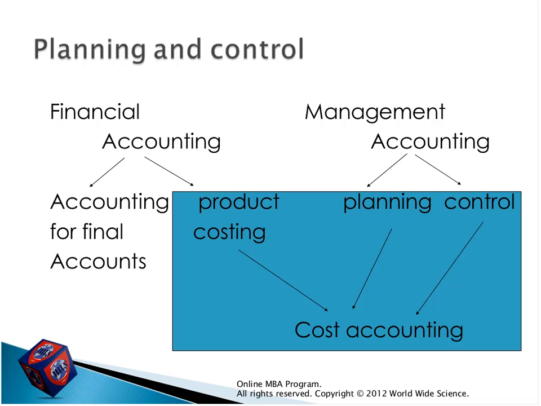So now we are going to continue with planning and control, when we are managing our finance in companies. First, we have two types of accounting in any running of a business: financial accounting and management accounting.